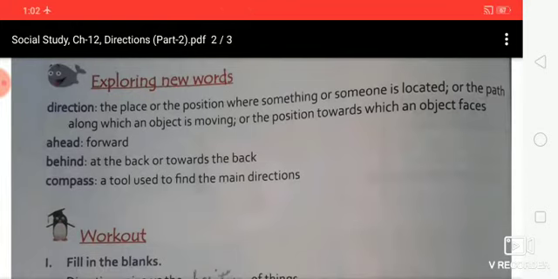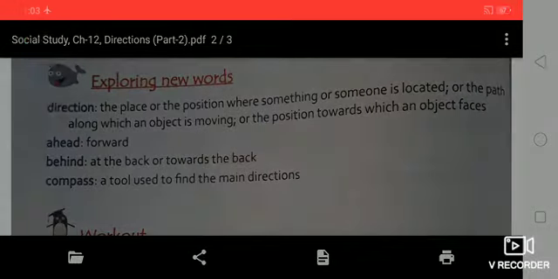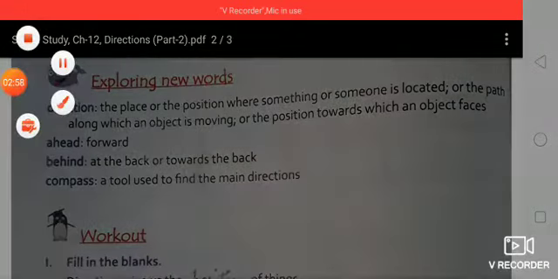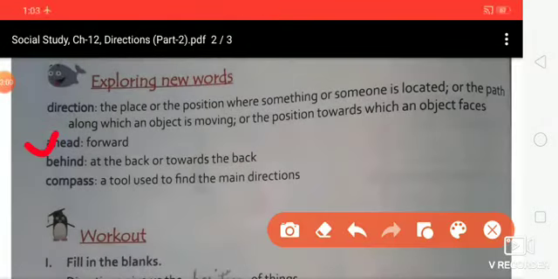New words. Direction: the place or position where something or someone is located, or the path along which an object is moving, or the position toward which an object faces. Ahead, forward.